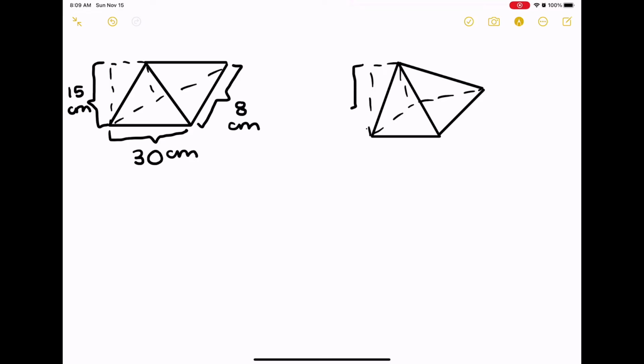The second pyramid has a height of 16 centimeters, one of the sides 4 centimeters, and another one of the sides 28 centimeters. I will give you 1 minute to solve both of these problems. Of course, you can pause if you need to.